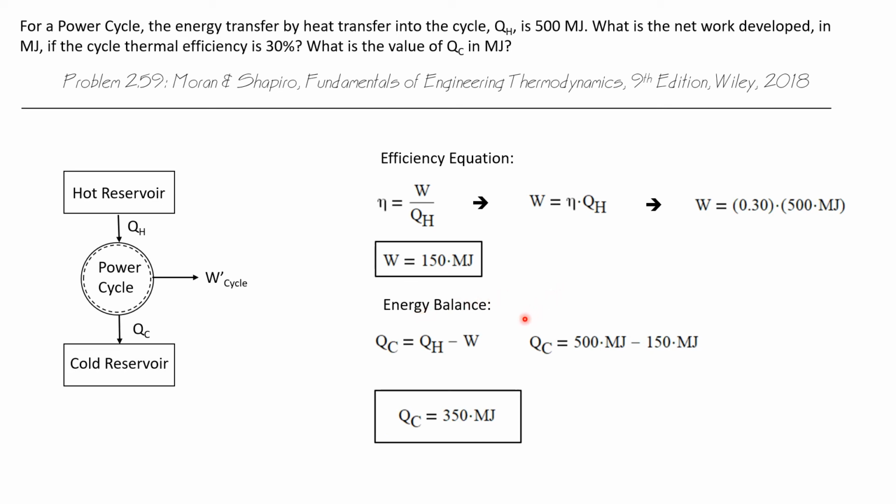Now, to find the heat rejected to the cold reservoir, we rearrange our energy balance to give us Q sub C is equal to Q sub H minus W. Q sub H was given as 500 megajoules, and we computed the work to be 150 megajoules. So the energy transferred by heat transfer from the power cycle to the low temperature reservoir is 350 megajoules.